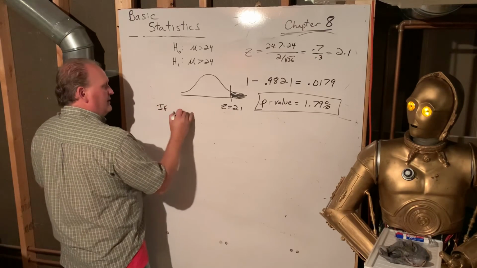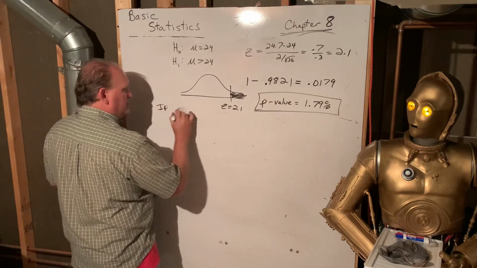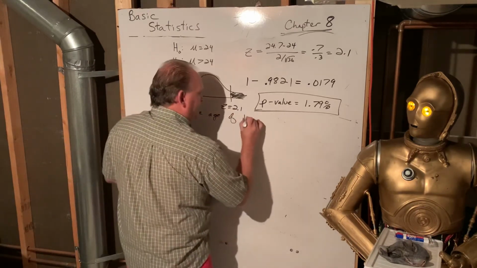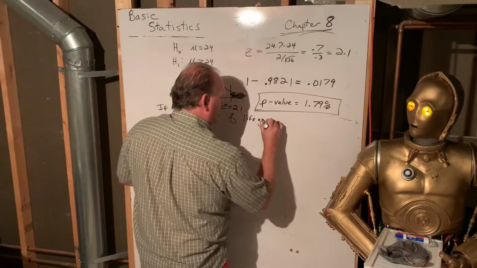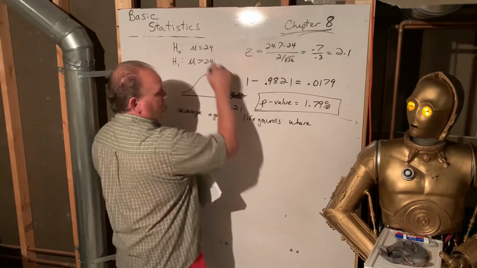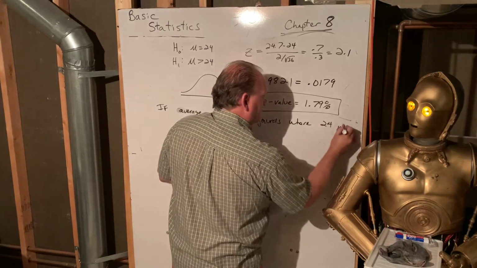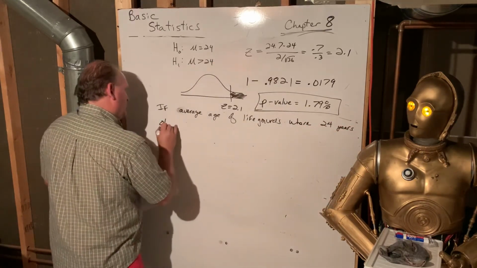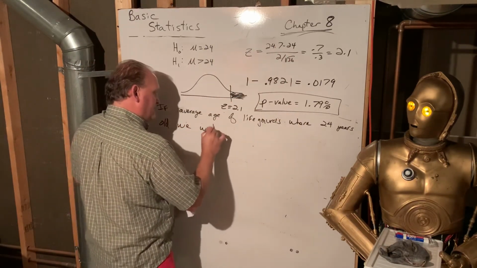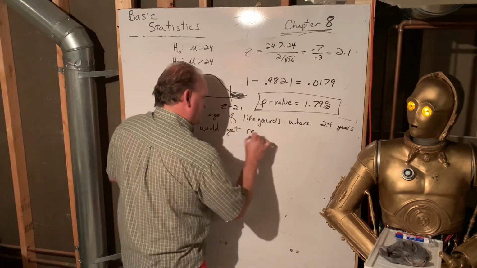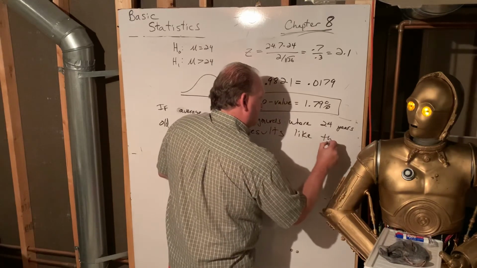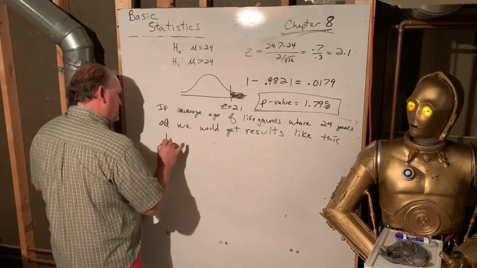If the average age of lifeguards were 24 years old, we would get results like this 1.79% of the time.